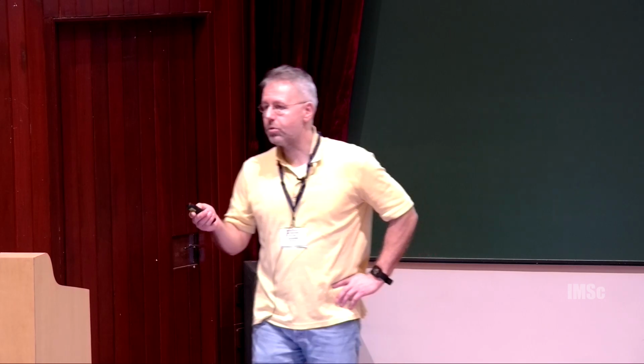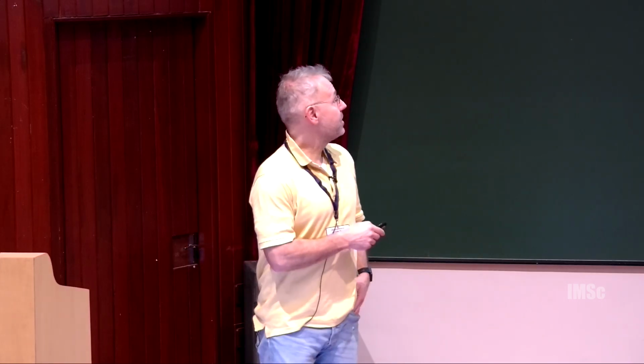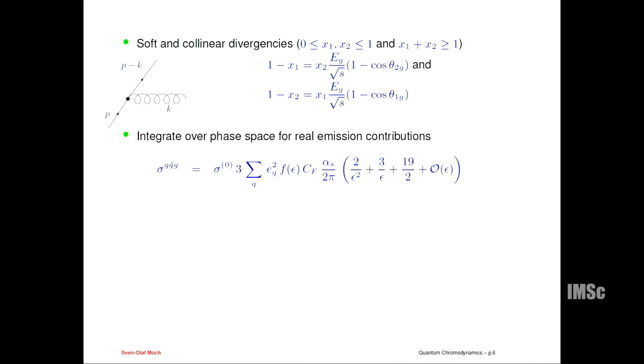But I can equally rewrite the phase space and parameterize it as an integral over the gluon energy and over the azimuthal angle or the polar angle for the emission of the gluon relative to the quark or antiquark. So this is freedom that I have in parameterizing the phase space.